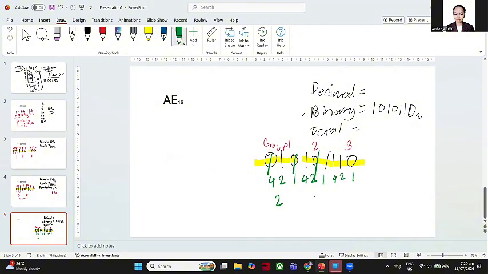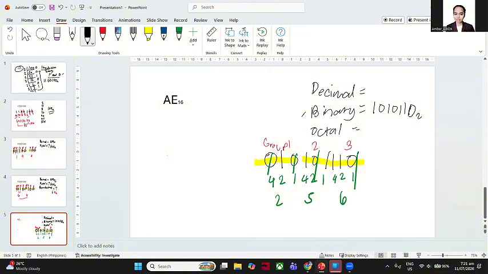So we have 5 for this second group. Third group, we cancel the 0, so we have 4 and 2. 4 plus 2 is 6. Okay? So now we have our octal for today's video.